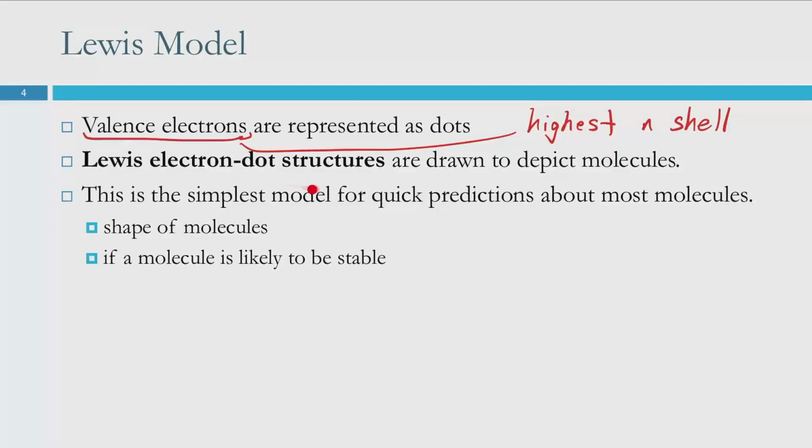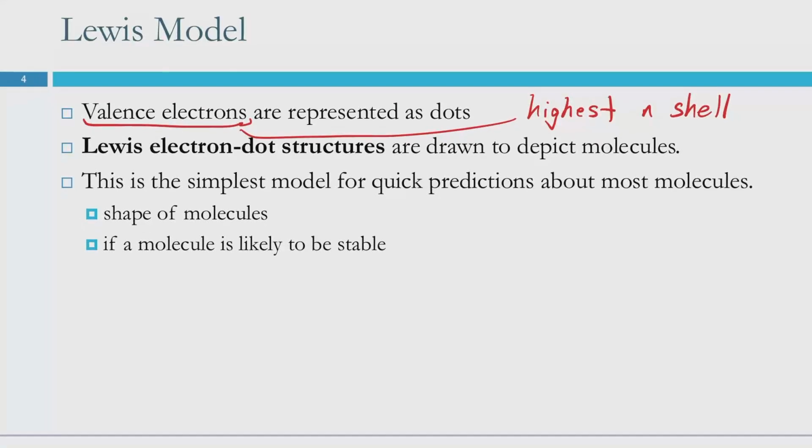And so our Lewis electron dot structures depict molecules. We are going to start off with drawing individual atom symbols. It's a very simple model. It can give us the shape of molecules or help us get to the shape of molecules, and it can also predict if a molecule is likely to be stable.